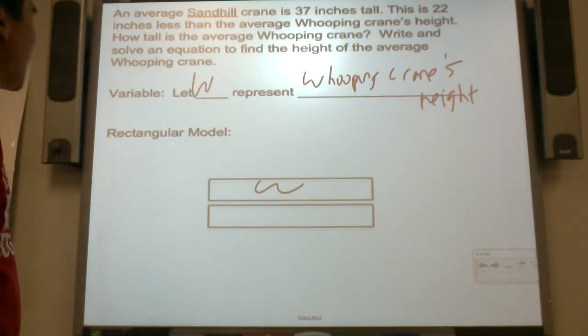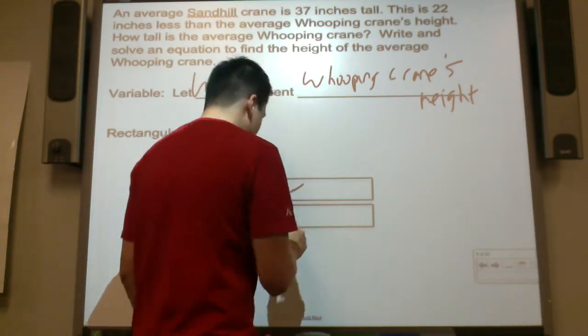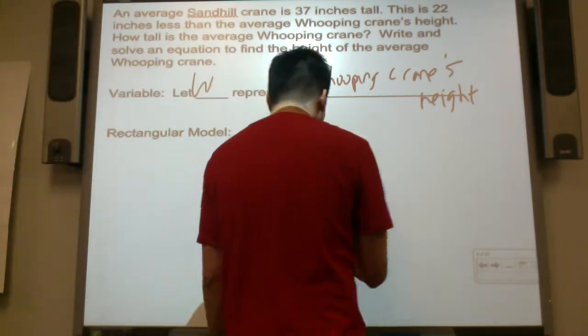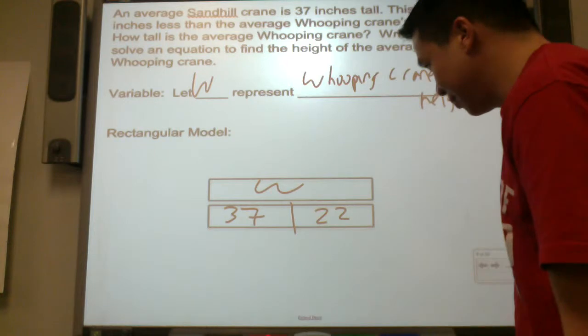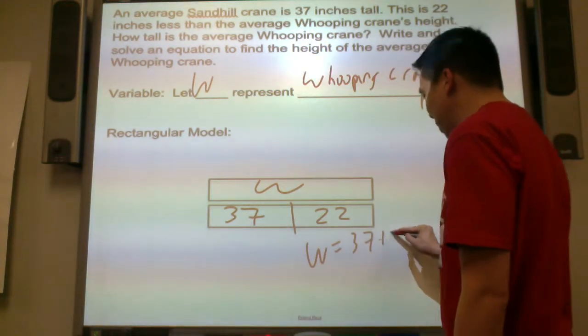So a sandhill is 37 inches tall. So here's a sandhill, 37 inches tall. That is 22 inches less than it. So if you take away 22 from this way, it'll be W equals 37 plus 22.